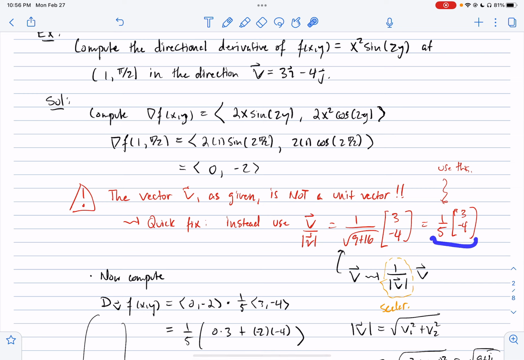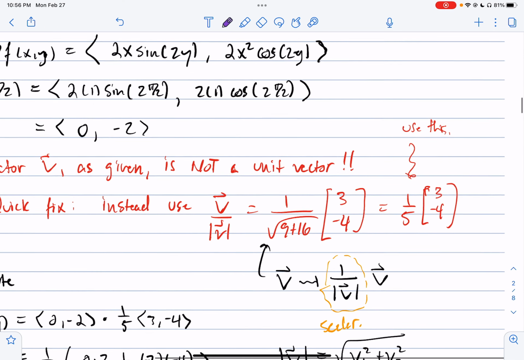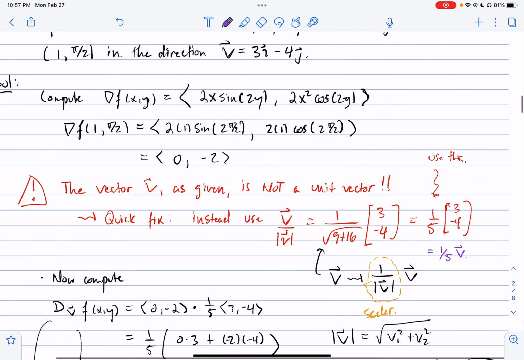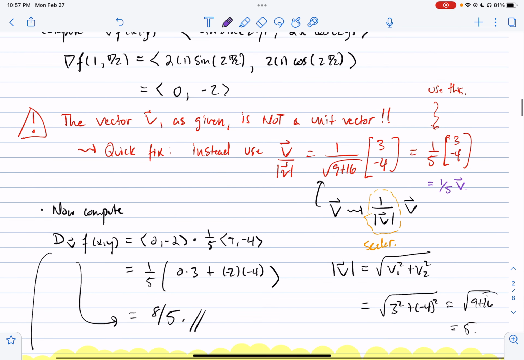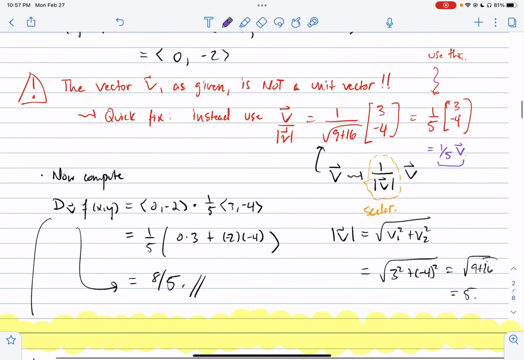And so here's the vector 1/5 times the vector 3 comma minus 4. So this is a unit vector, the unit vector 1/5 v. So v itself has length 5, so if we scalar multiply by 1/5, then the resulting vector will have unit length. 1/5 times v has unit length.